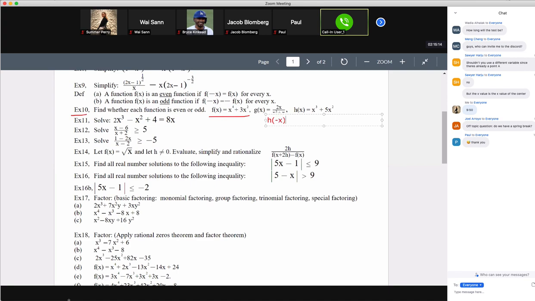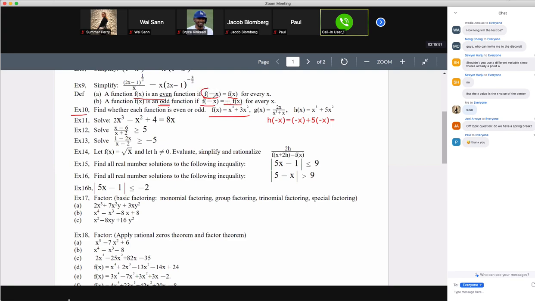Whether you want to show a function is even or odd, we want to evaluate that function at negative x. Why? Because if you look at the definition here, a function is even if f of minus x is equal to f of x for all x, and f is odd if f of minus x is equal to minus f of x.